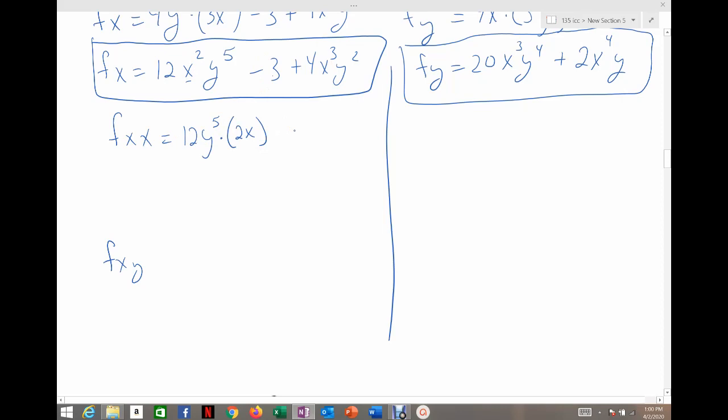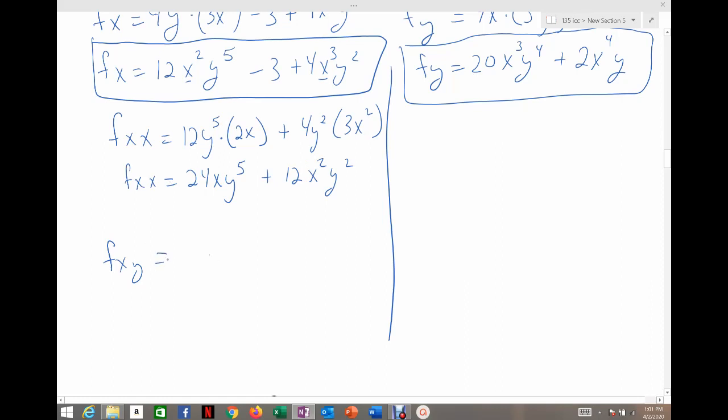Negative 3 zeros out. The 4y squared comes along. Take the derivative of the x cubed, which is 3x to the second. Alright, clean it up. 24xy to the fifth. 12x squared y to the second. And there's my second derivative with respect to x twice.